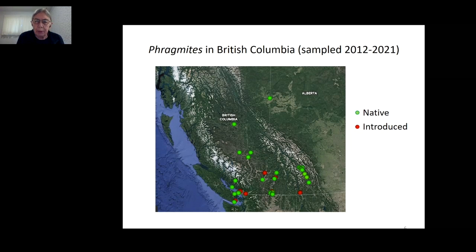The red dots represent the introduced subspecies australis, and the green dots subspecies americanus. As you can see, even now, most of the samples in British Columbia are still the native variant. So if you are to intelligently direct invasive species control measures, you have to know what you're looking at and which populations are native and which ones are not.